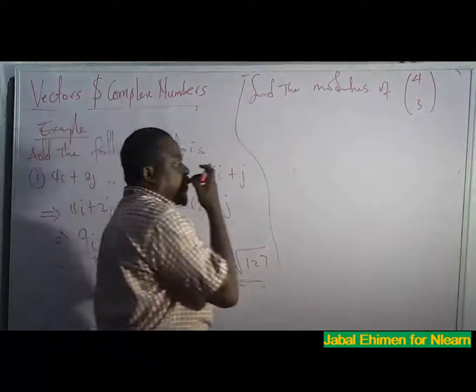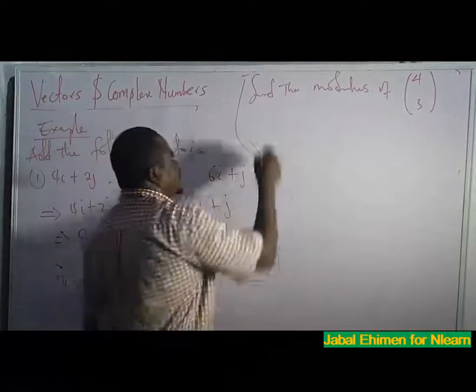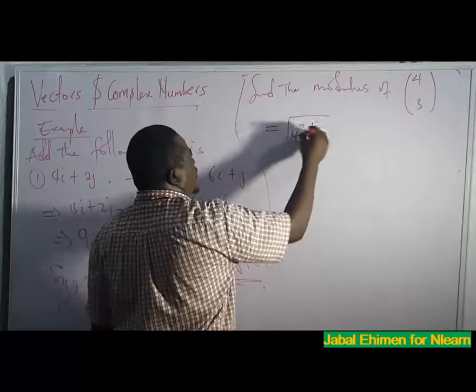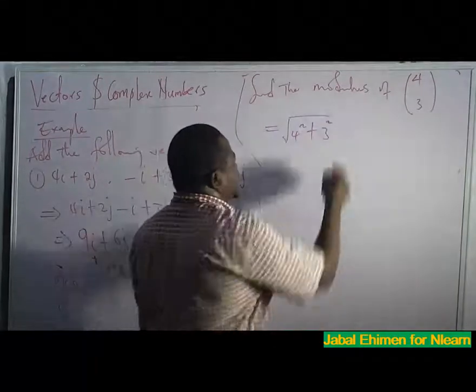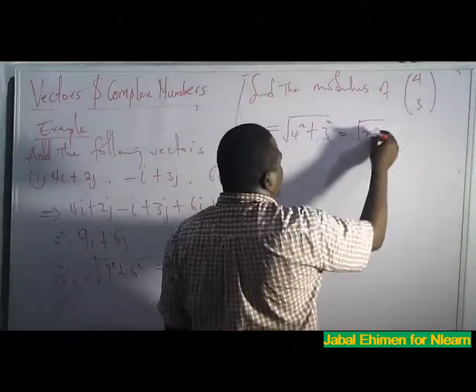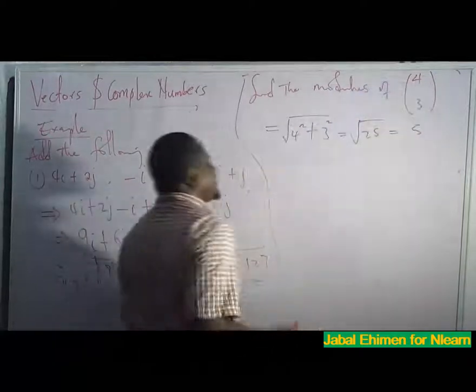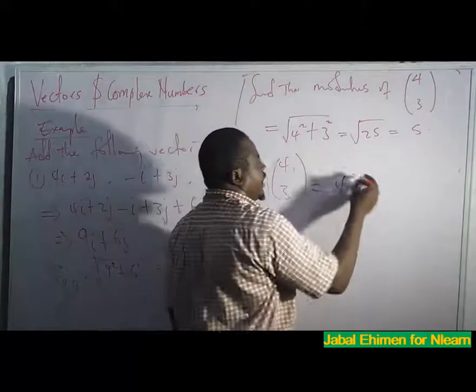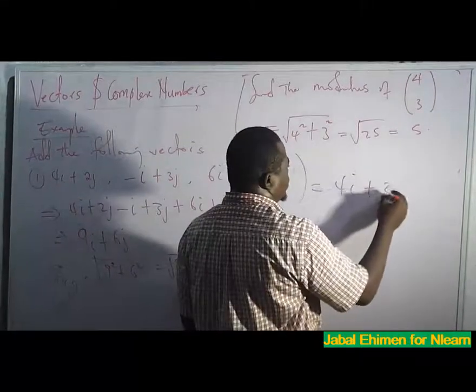What does this mean? The modulus of (4, 3) is equal to the square root of 4 squared plus 3 squared. Now listen, that will become the square root of 25, which is 5. Now, this value here, (4, 3), also means 4i plus 3j.